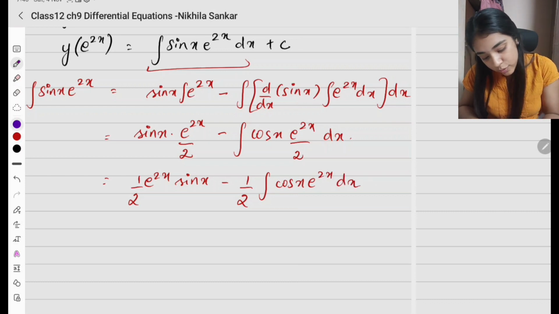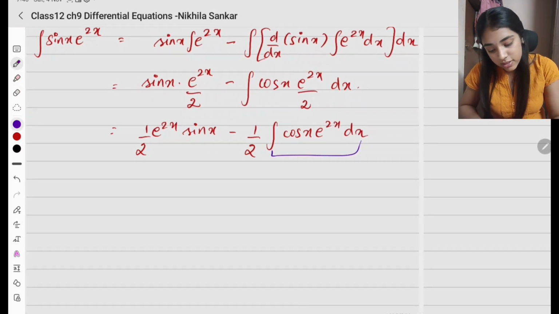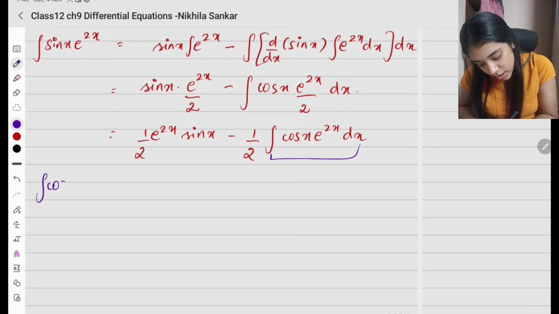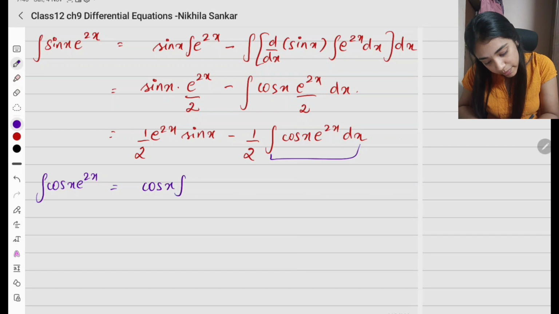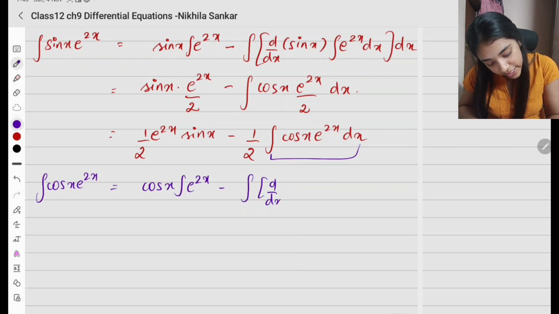Now what is the next step? I have to solve this particular integral. Shall we solve it? Now integration of cos x e to the 2x equals, again integration by parts, cos x times e to the 2x minus integration of d by dx. We have done a lot of integration by parts in the integration chapter. Times dx.